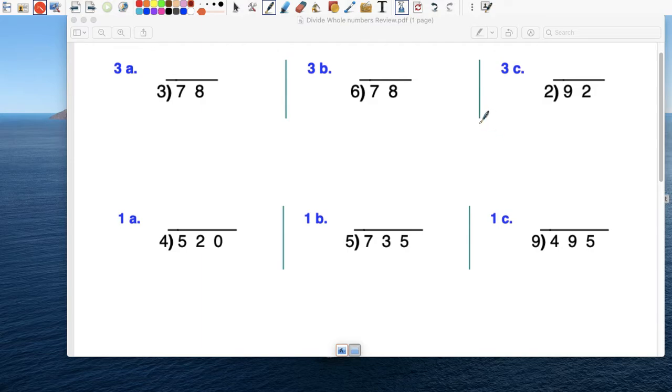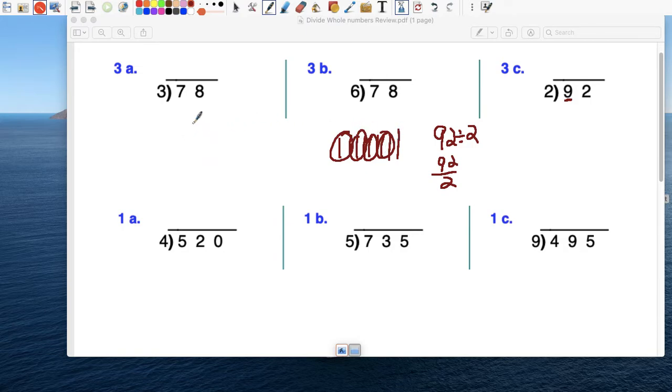92 divided by 2. Okay, so let's look at the first number. You have 1, 2, 3, 4, 5, 6, 7, 8, 9. Can I make groups of 2s? I can. Oh, I forgot. Let's write that like this: 92 divided by 2, or 92 over 2. With the sticks, you can make 4 groups.